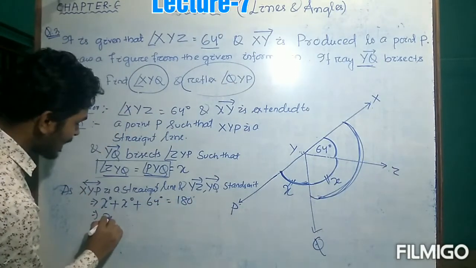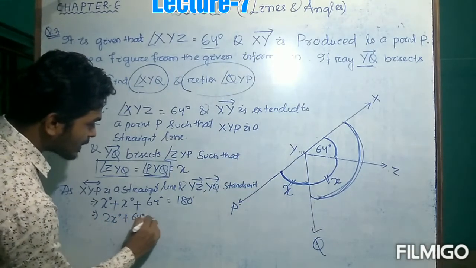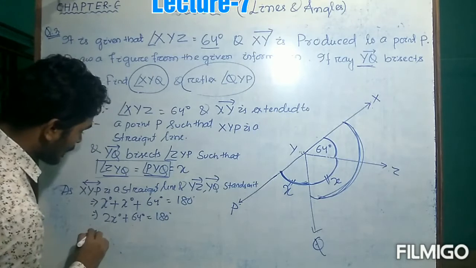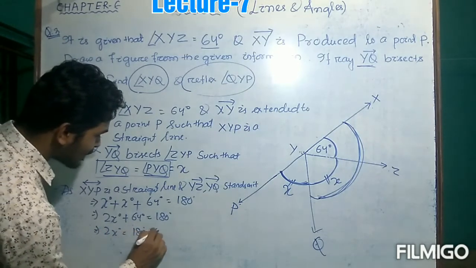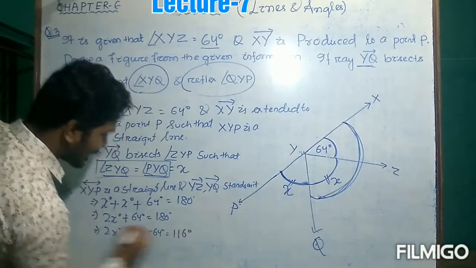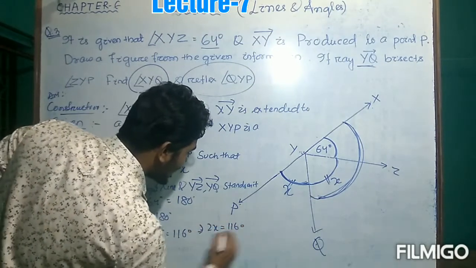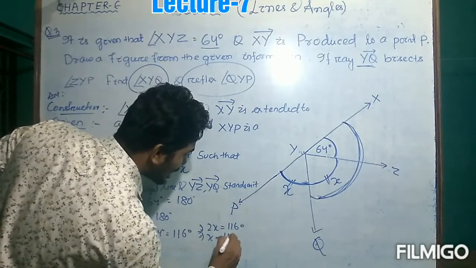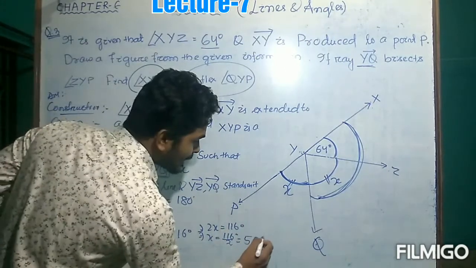Now x plus x is 2x, plus 64 is equal to 180 degrees. So 2x is equal to 180 degrees minus 64 degrees, which is 116 degrees. Now 2x is equal to 116 degrees. So what is the value of x? It will be 116 degrees by 2. 2 5s are 10, 2 8s are 16.